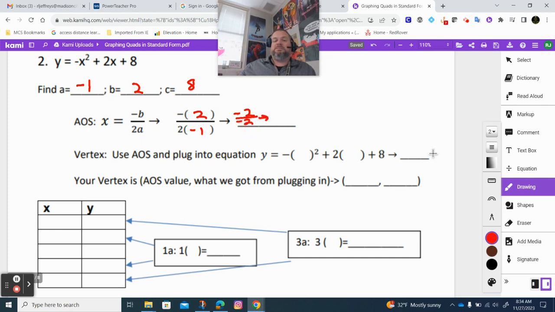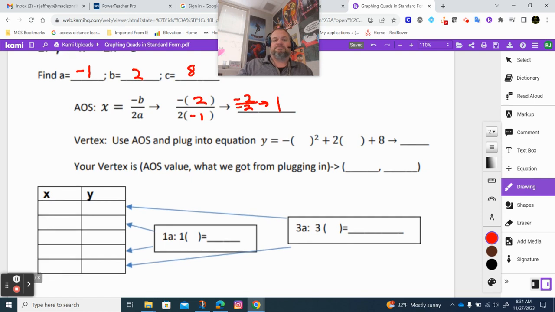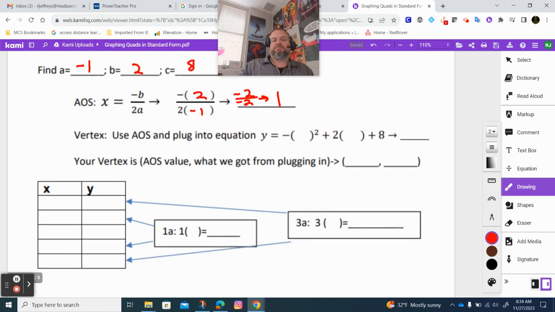All this becomes is 1. Now this 1 goes again in a lot of places. We know it will go here and here. It will go here. It will also go here in the middle.